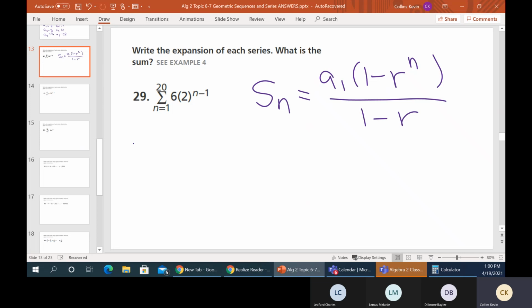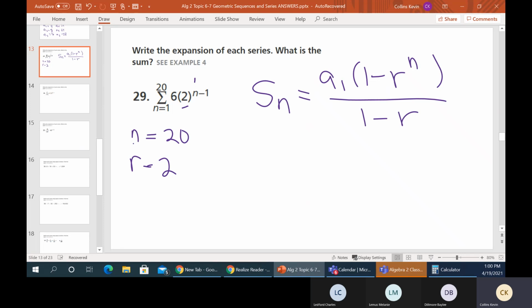So in this case, n is going to be 20, right? The common ratio is the number we multiply by over and over. That's this guy, right? So R is going to be 2, okay? And then the first number, a sub 1, that's when we plug in 1 here for n. 1 minus 1 is 0, and that's typically going to be the case.